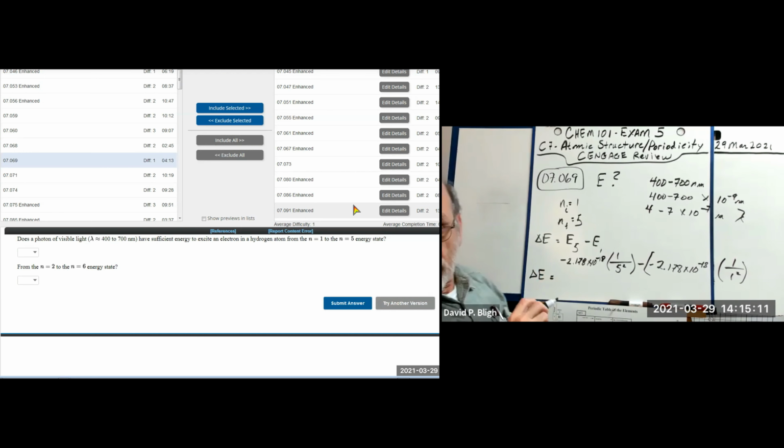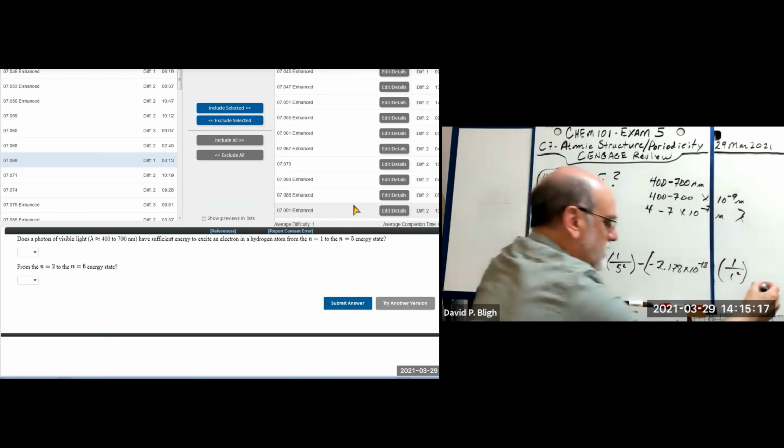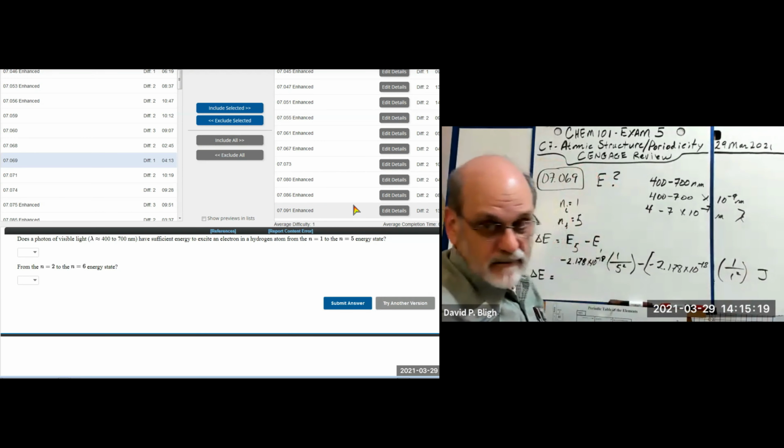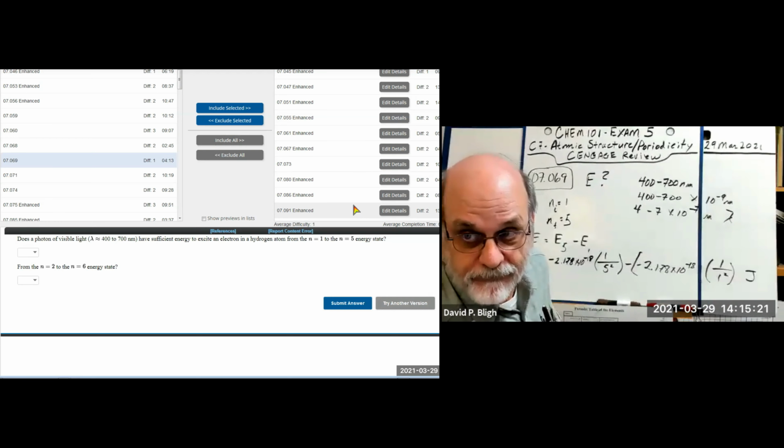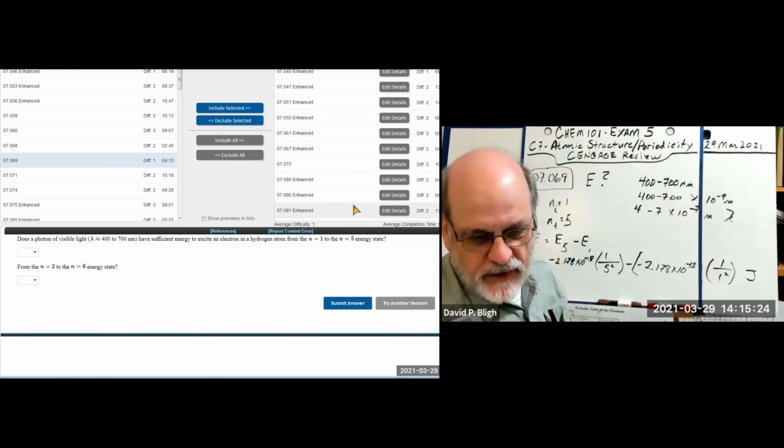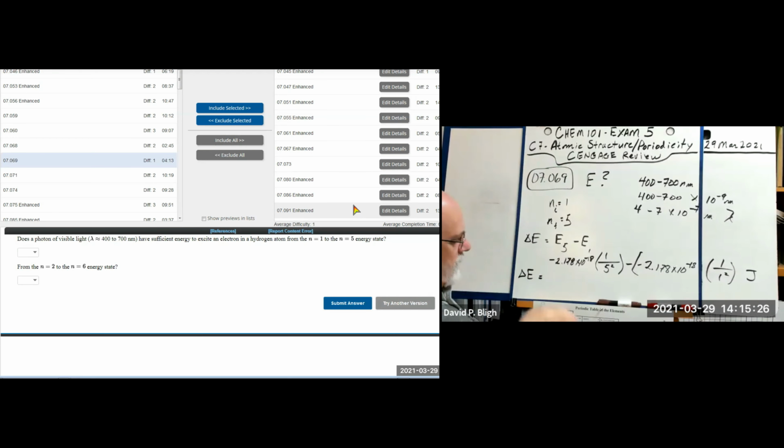By the way, what are the units of energy here? They're SI units, joules. Okay? So let's do that calculation. Let's say 1 divided by what? 25, 5 squared.